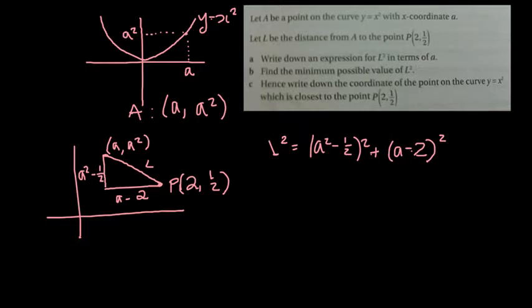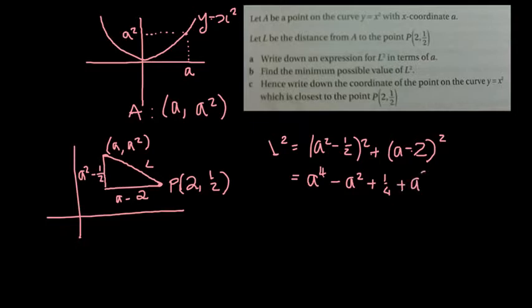Okay, sorting all my algebra out, I'm going to expand these brackets. That gives me a to the 4, a squared times by itself, a to the 4, minus a squared. So I've got a half a squared and another half a squared, which is just one whole a squared. And then plus a quarter, and then a sort of standard expansion here.